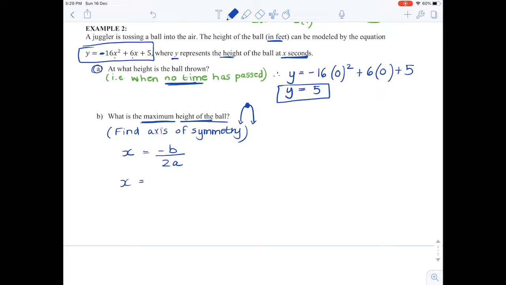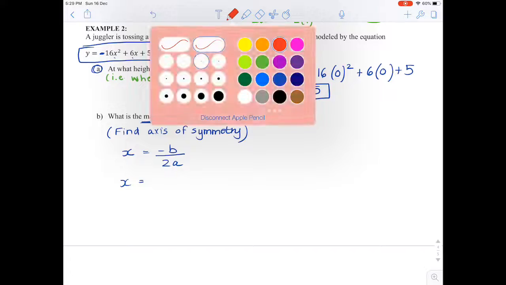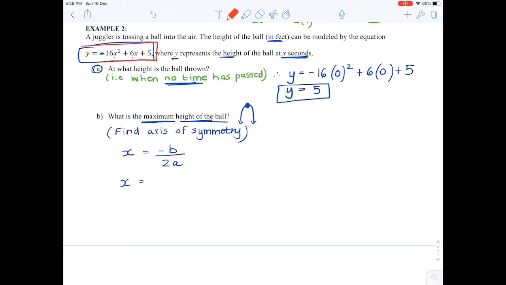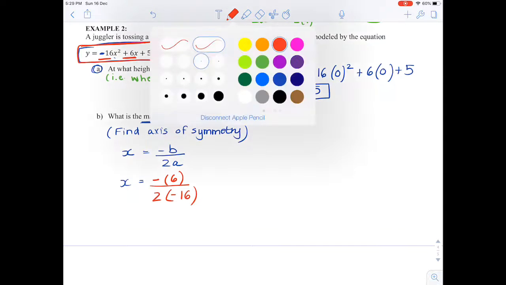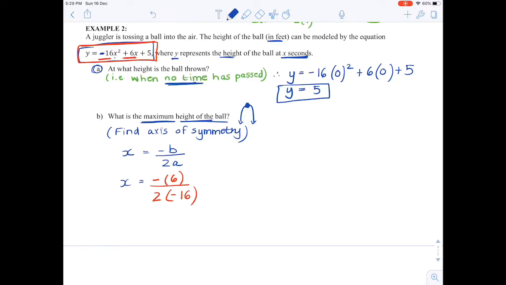I'm going to switch to red pen and go back up to the equation where this question came from. b is equal to positive 6 and a is equal to negative 16. So negative b is a negative outside and a 6 inside, over 2 times the value for a, which is negative 16. Which means I now have x equals negative 6 over negative 32.